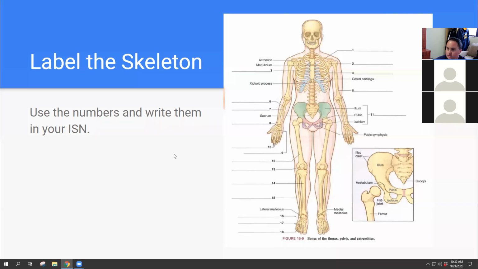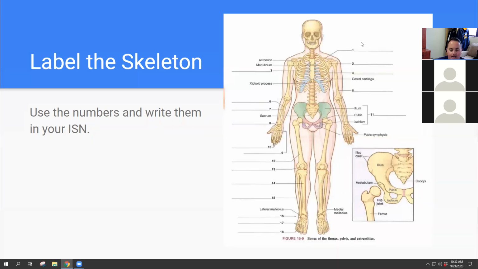Good, good. Okay. So what you guys have done is you have given the proper anatomical terms for these bones, okay? Typically, these are not the names that you are going to call the bones, okay? So for example, number 1 is the clavicle. What would you guys normally call the clavicle?